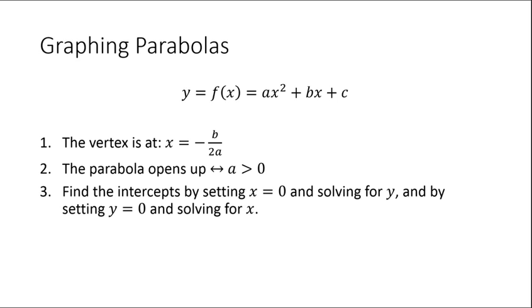Similarly, if you're interested in knowing whether the parabola opens up or opens down, you look at the coefficient a, and if that coefficient on x squared is positive, then you know that the parabola opens upwards, in a cup shape. If the value of a is negative, less than 0, you know that it opens downwards.